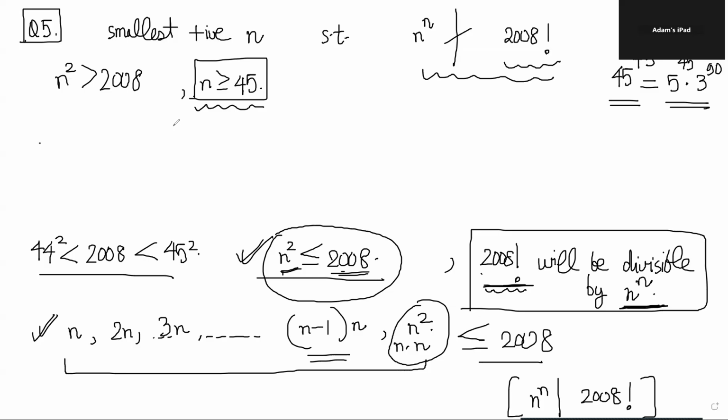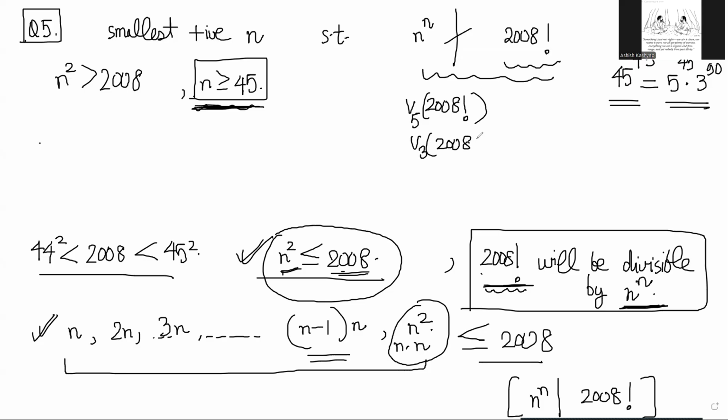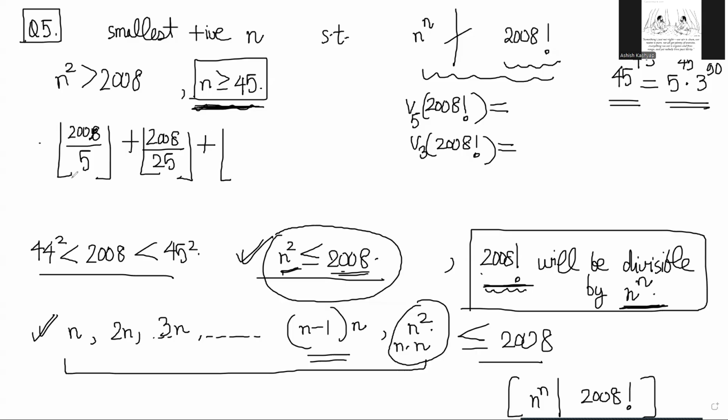Now I'll find V of 5 and V of 3 for 2008 factorial by Legendre's formula. 2008 divided by 5 gives us 401, I think.